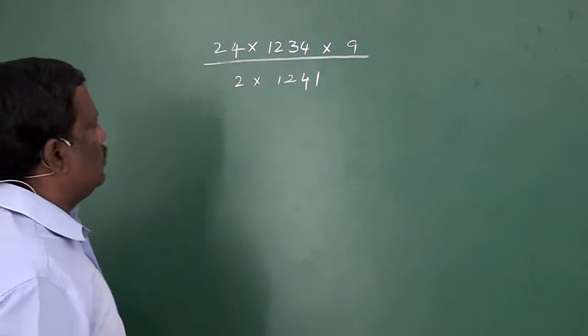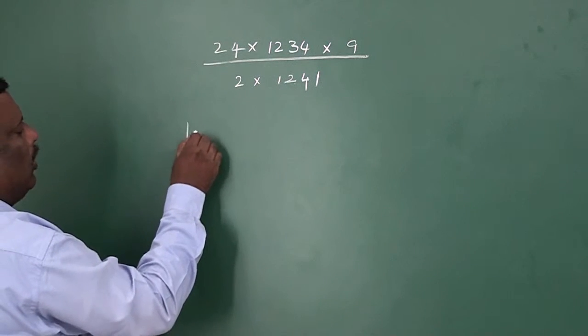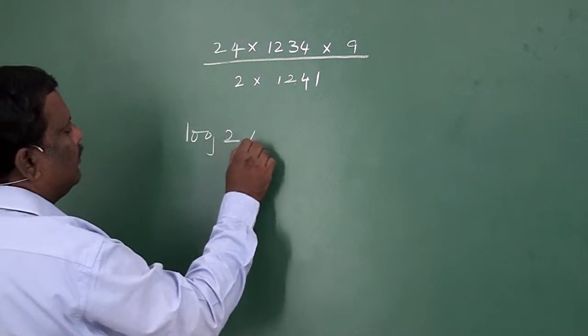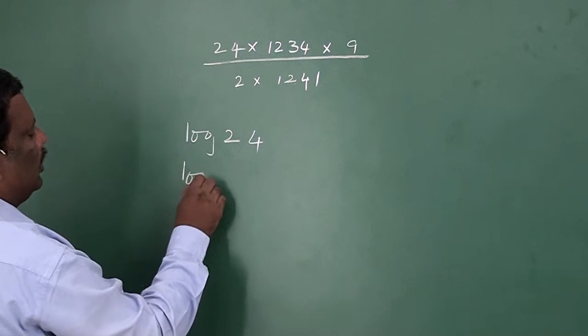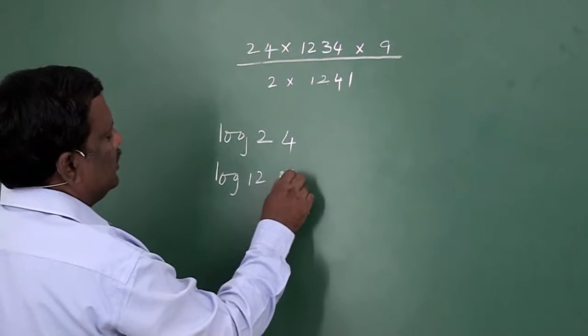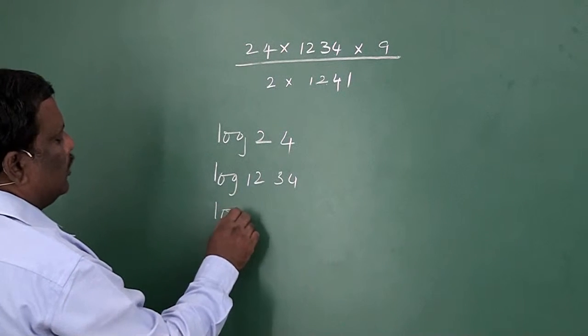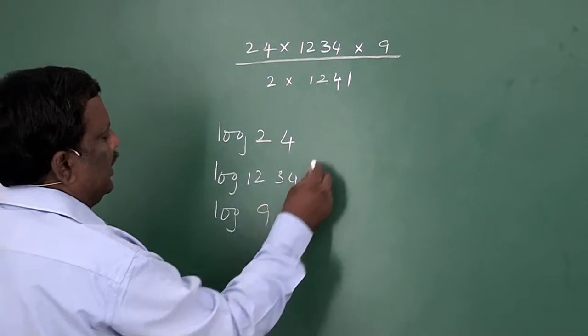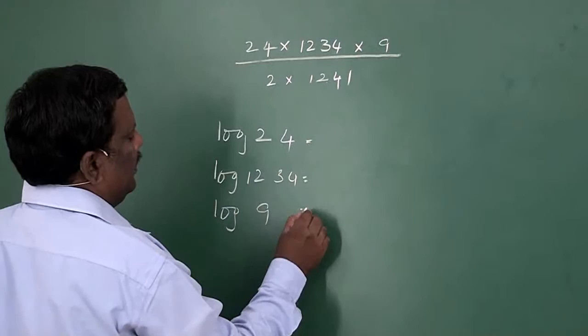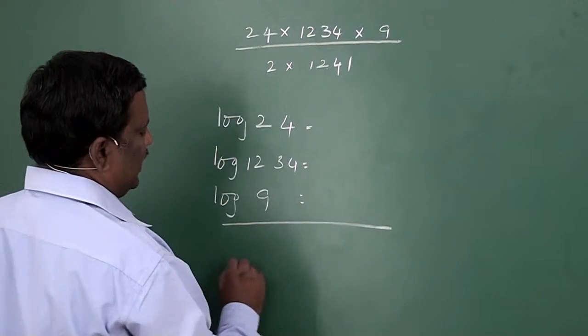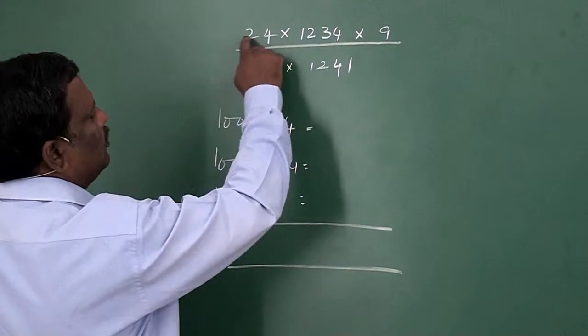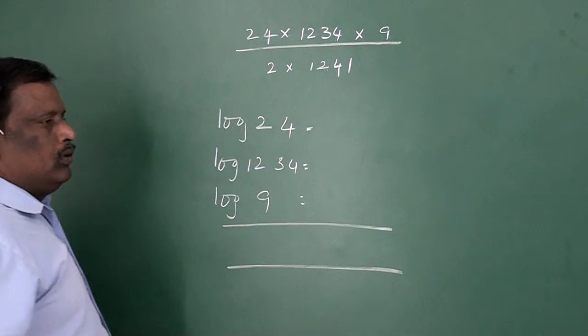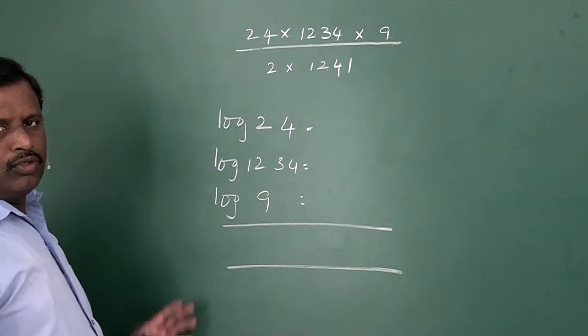Here what you have to do is take the log value of 24 plus the log value of 1234 and the log value of 9, and on adding all these, you will get the logarithmic value of the numerator, the sum total.